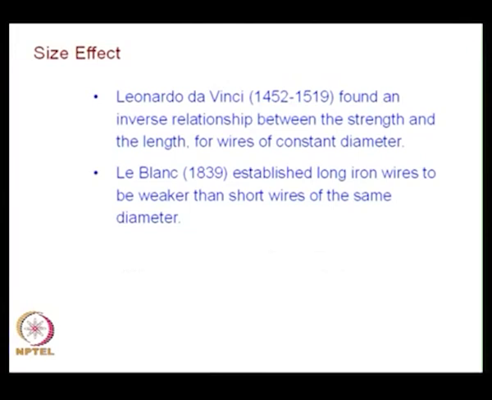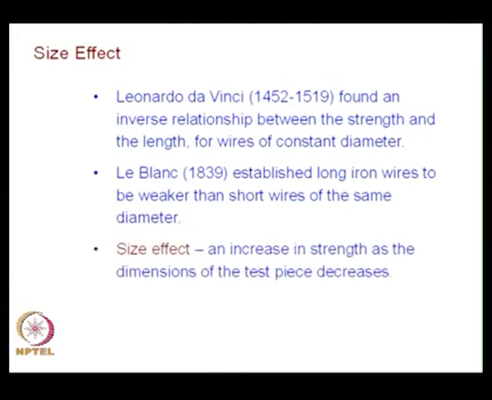So, people are finding there is something to do with the size, and they generalized it as a size effect, and they reported an increase in strength as the dimensions of the test piece decreases. There are two drastic conclusions. Now, this kind of a conclusion we cannot make now.